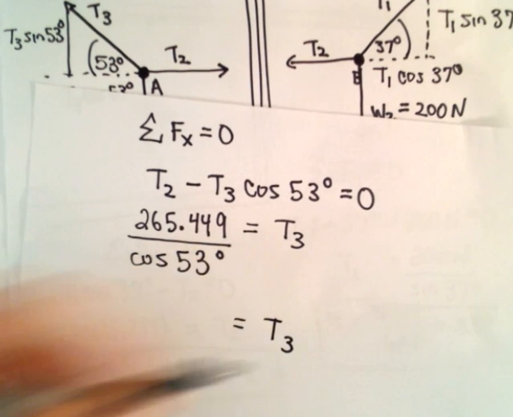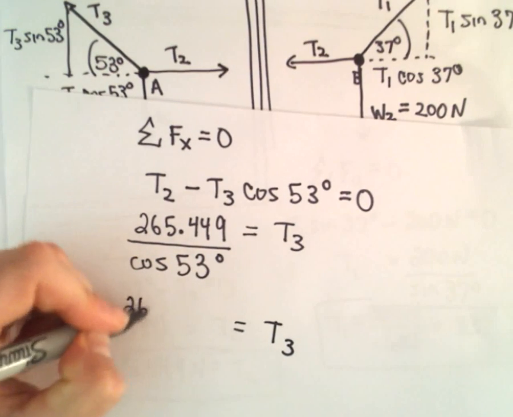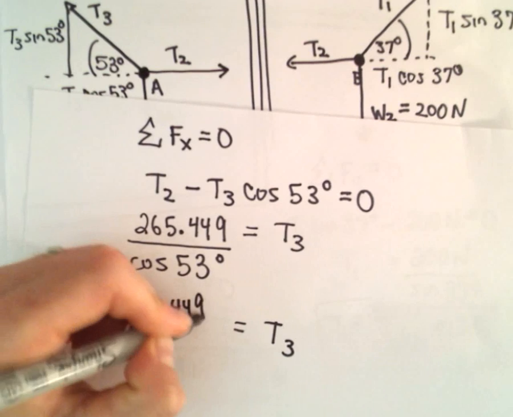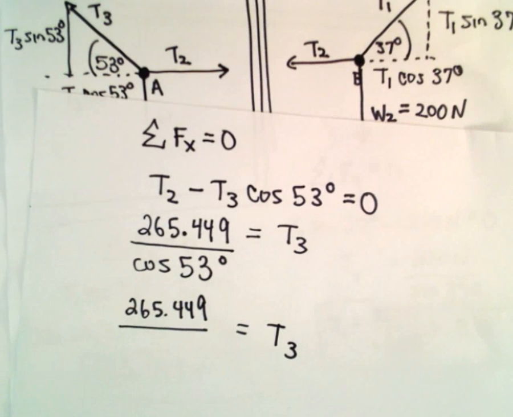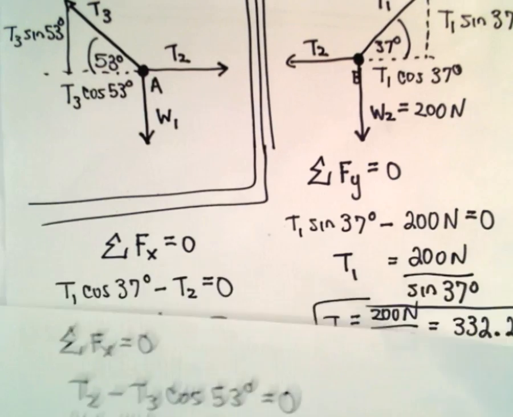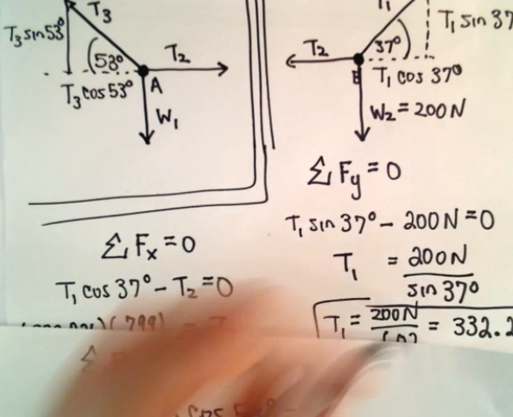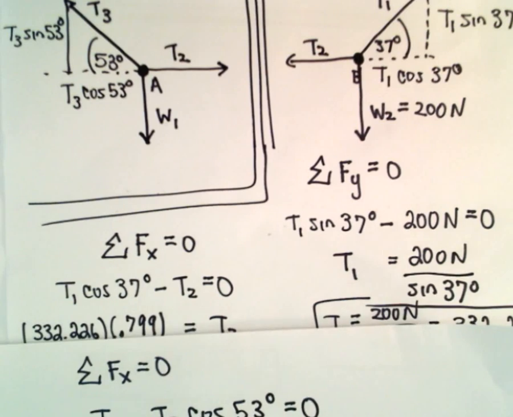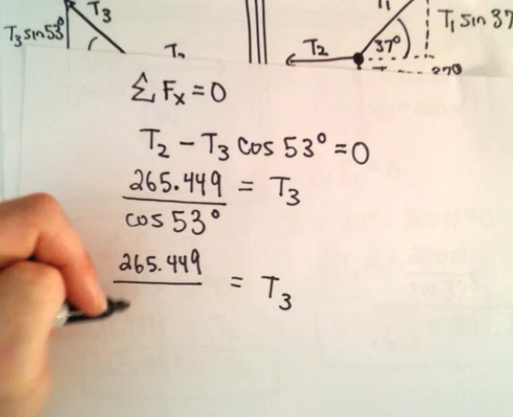Now let's just simplify. We have 265.449 over cosine of 53 degrees. I guess we've got that value already, because cosine of 53 degrees is actually going to be the same thing as sine of 37 degrees.